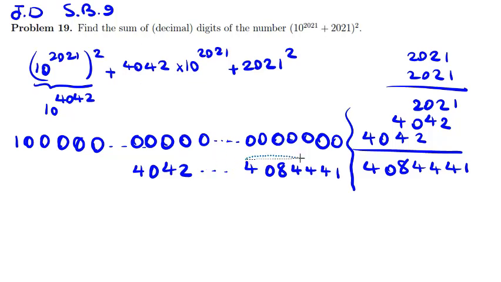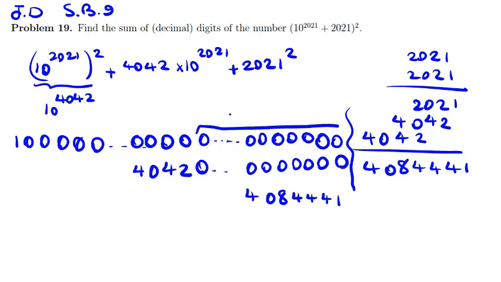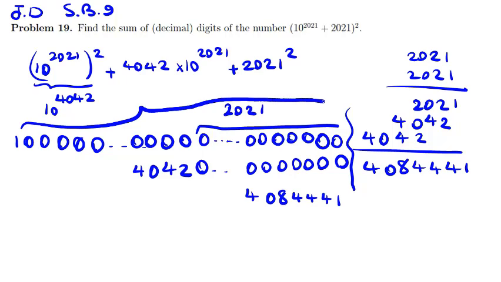I can do something else because I have 3 numbers. I can move it here and say, okay, this is the third number, it is the second number. Here, how many zeros do we have from this part? Because it is 10 to the power of 2021, it is 2021, and how many zeros do we have here? 4042.